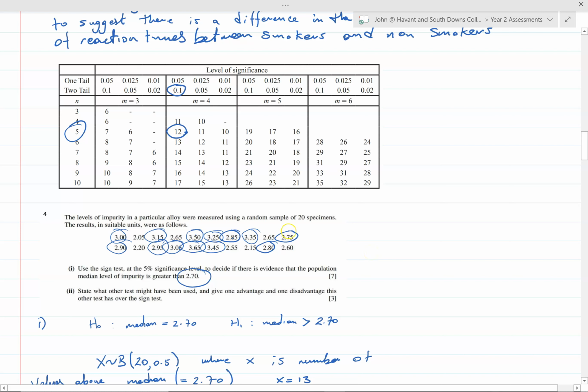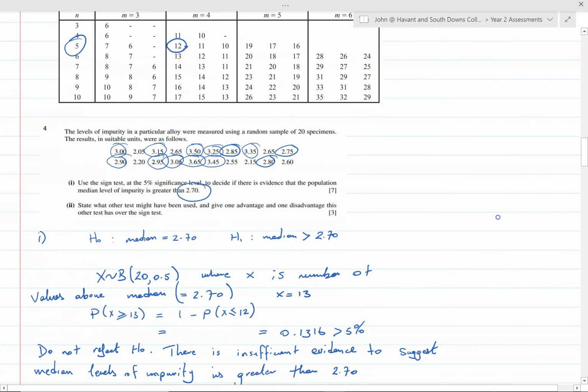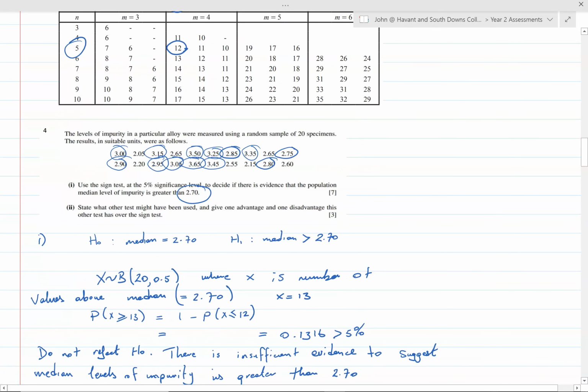Effectively, we've got 20 specimens of a particular alloy, and we're testing whether it's greater than 270. So this is another sign test, very similar to the first question. What we find is that there are 13, which are circled there, above the median.